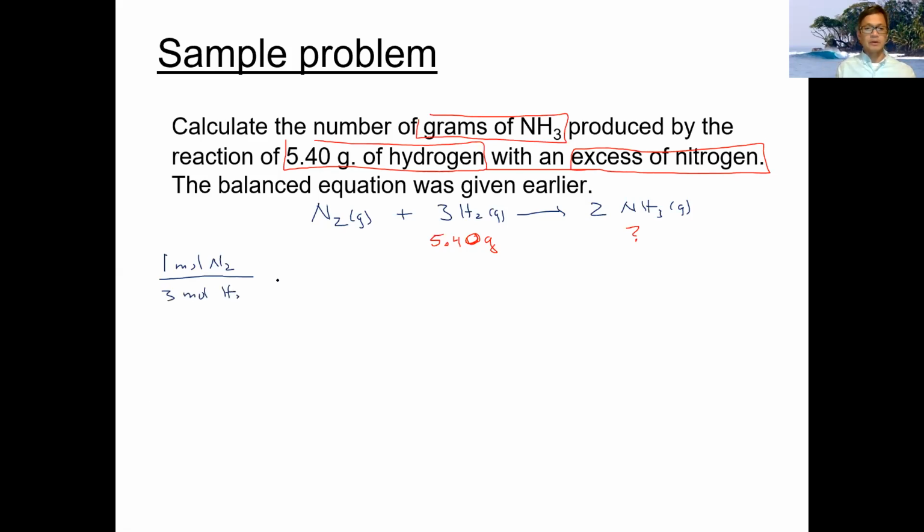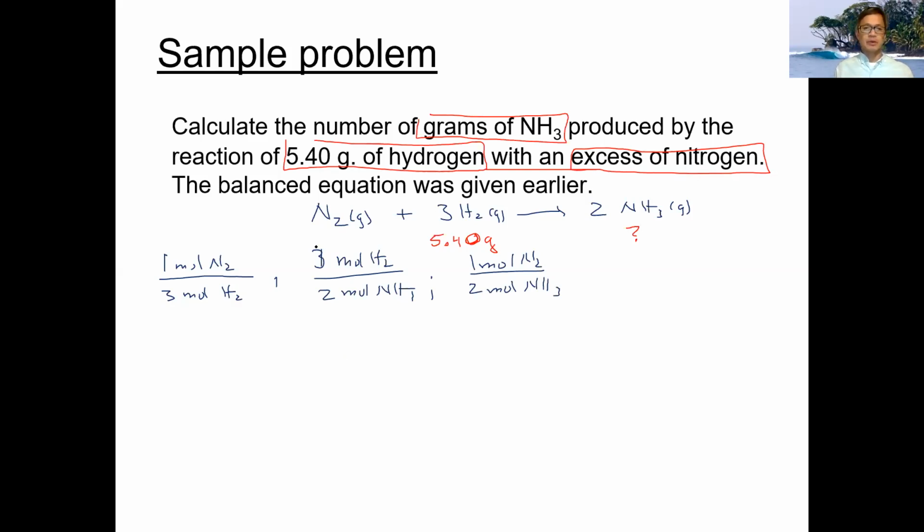We have 3 moles of hydrogen for every 2 moles of ammonia. And then finally, 1 mole of nitrogen for every 2 moles of ammonia. Okay, so those are the conversion factors.